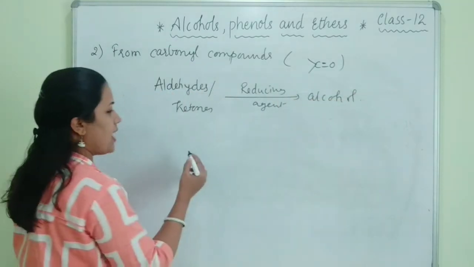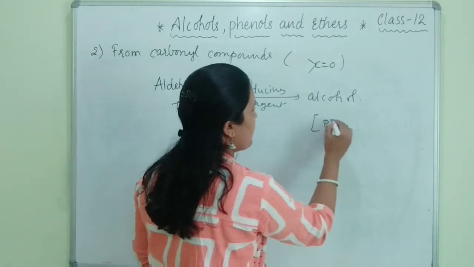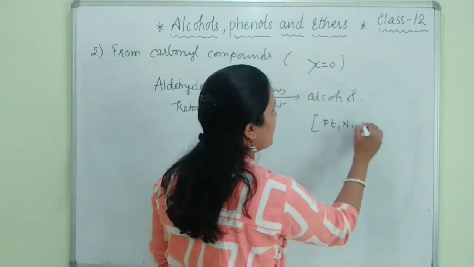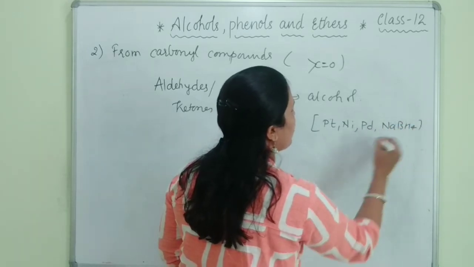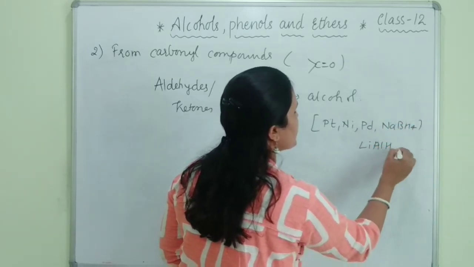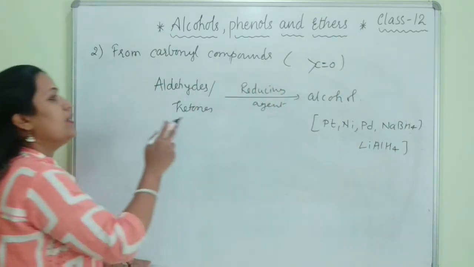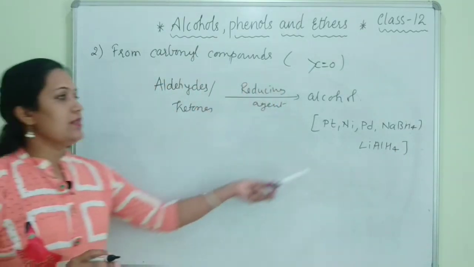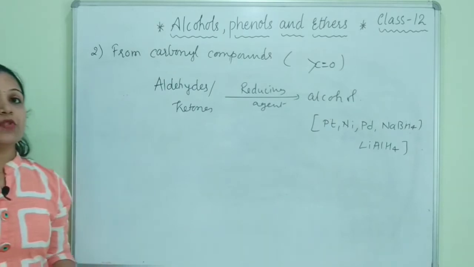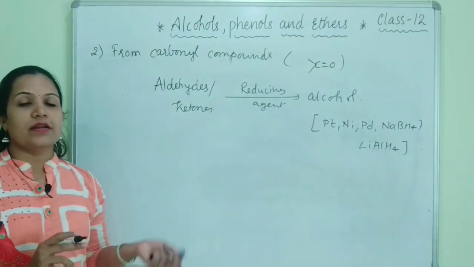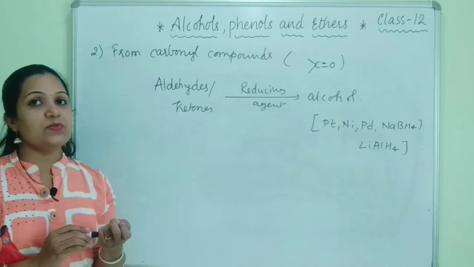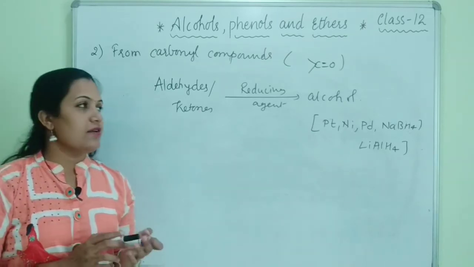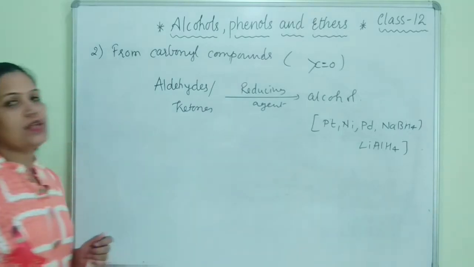I will give you a few examples: platinum, nickel, palladium, and then NaBH4, or LiAlH4. These are all reducing agents, and lithium aluminum hydride is a very expensive reducing agent. That's why we use it only for some specific reactions. Otherwise we can use the other reducing agents.